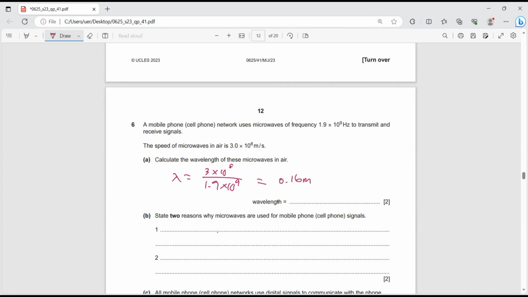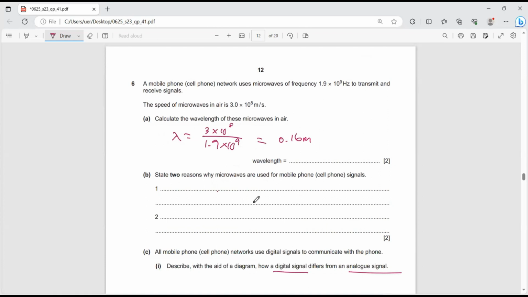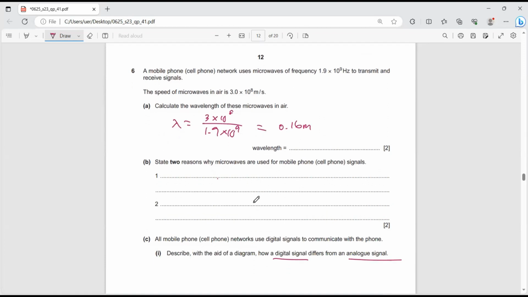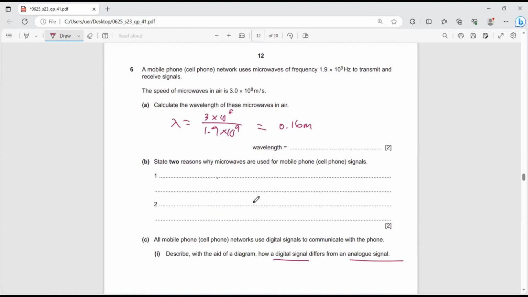Say 2 reasons why microwaves are used for mobile phone signals. Longer wavelength, so it can travel further.